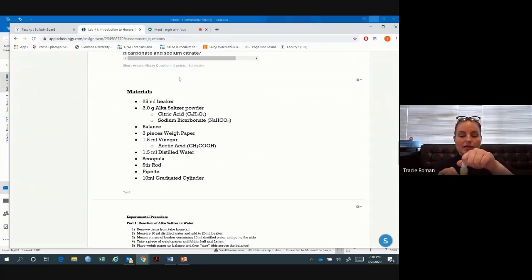And then you should have a small bottle of vinegar. And then you should have a container that says Alka-Seltzer, and you've got an Alka-Seltzer tablet in your container. And then you should have a little bag with 3 different types of scoopers, okay?